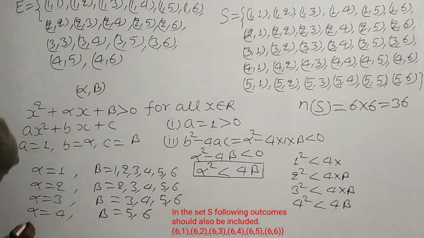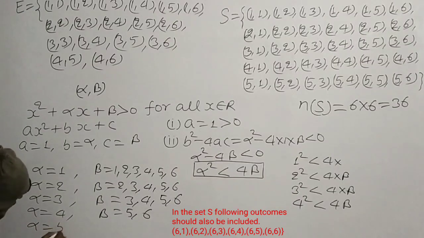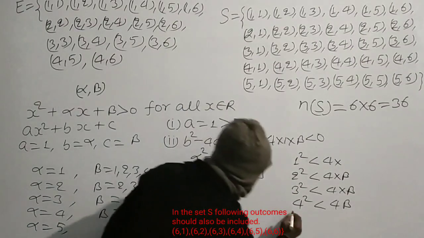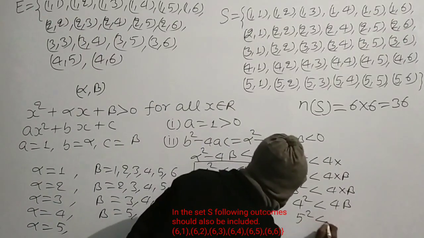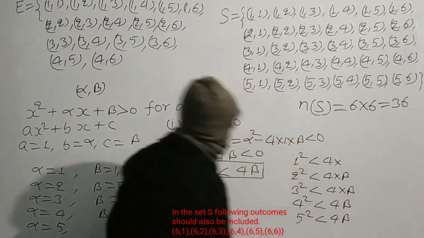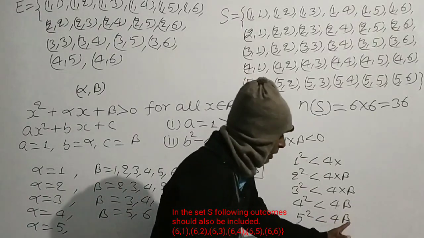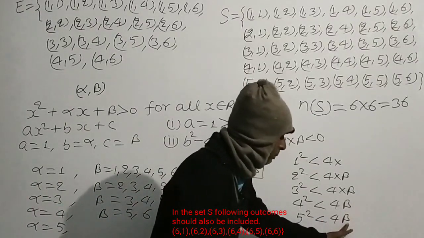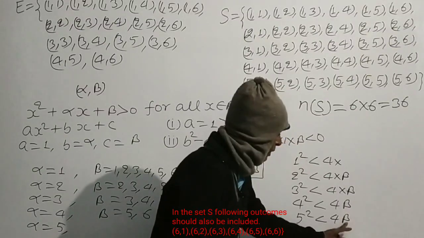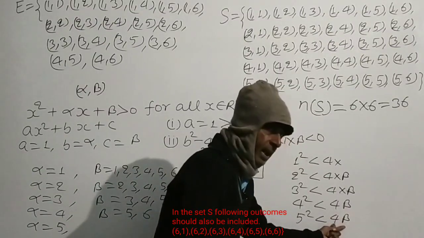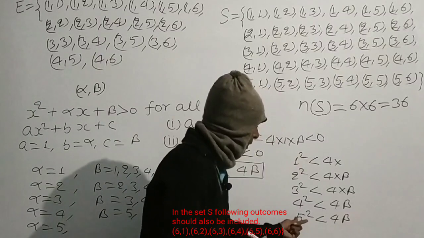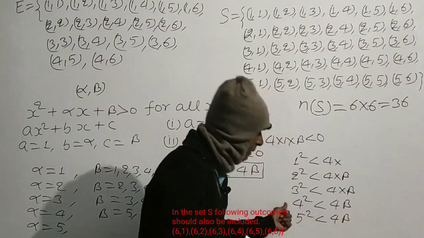When we take alpha is equal to 5, 5 square less than 4 beta, if we put any number from 1 to 6 in place of beta, then 4 beta can never be greater than 5 square.